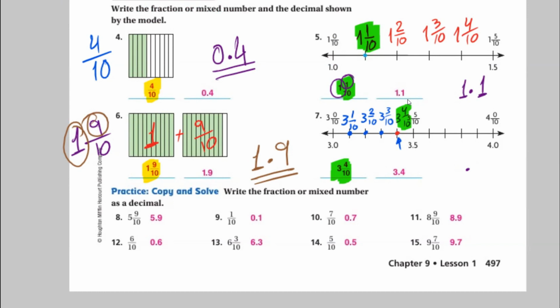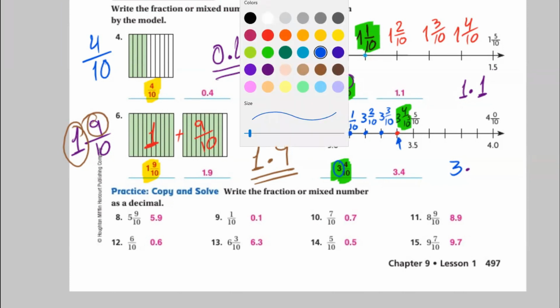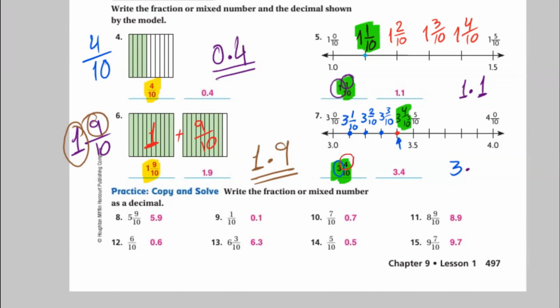Firstly, you have to check the whole number. The whole number is 3, so you write it before the decimal point, to the left of it. And the numerator is 4, so you write it after the decimal point, to the right of it. So it will be 3.4. Thank you, Yusuf. Great job.